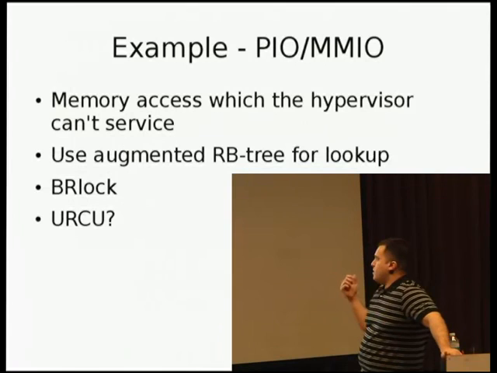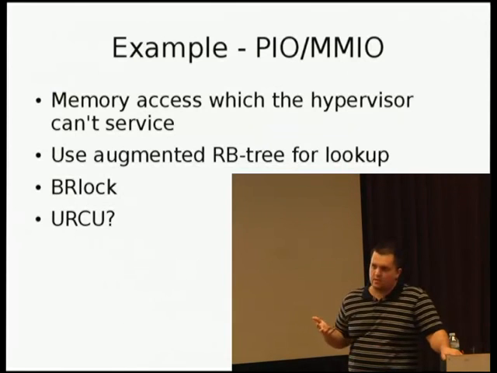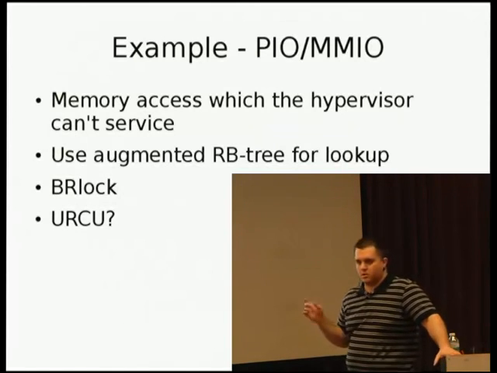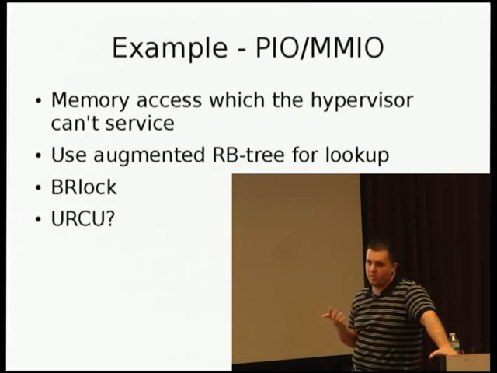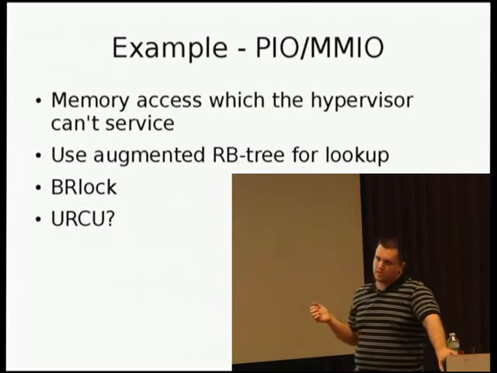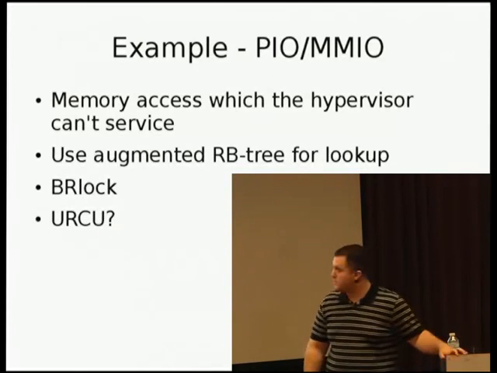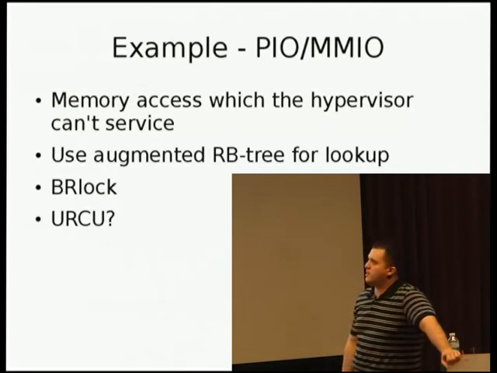The next thing is a BR lock. This tree is written just when the machine starts, when we're building a guest, or if we do hot plug, where it also changes, but these are very rare operations. So what we want in this case is to keep reads from the red-black tree pretty cheap, while writes can be expensive, because it happens very rarely. So the way we implemented this concept was to make the BR lock suspend the guest.